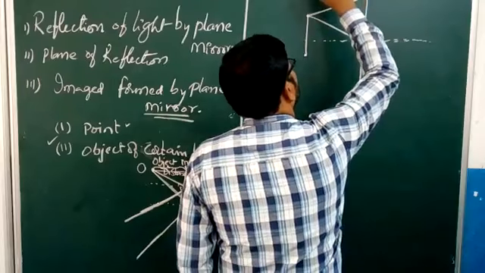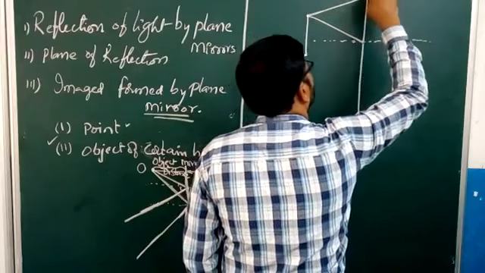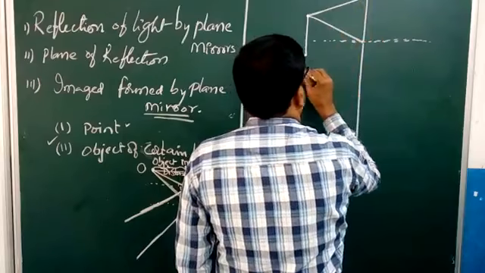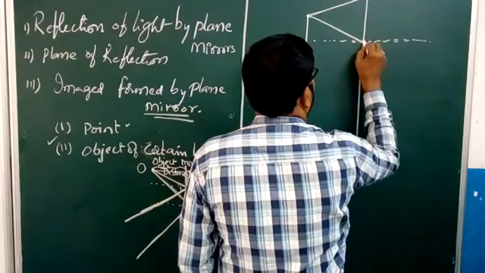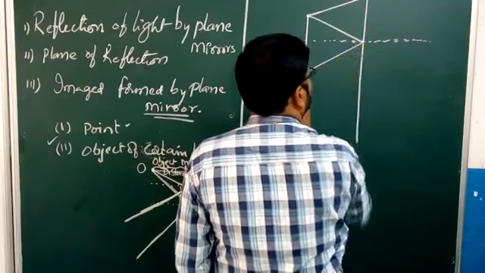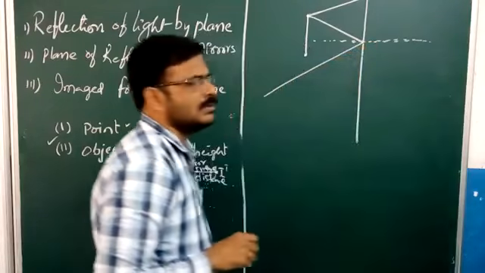Now this becomes your reflected ray, and this becomes your reflected ray for these two rays.